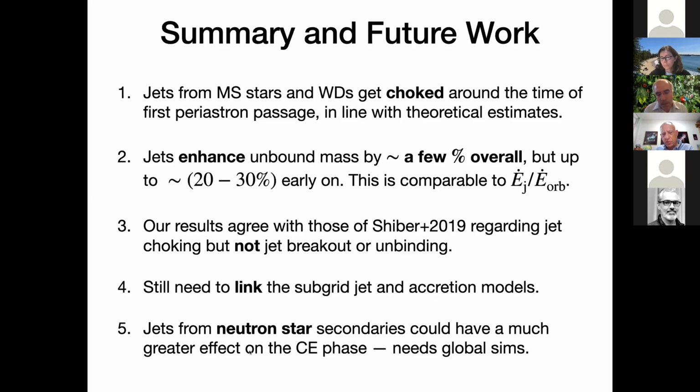So it can have a huge effect. And our estimates suggest that it may not even get choked in some cases. Even if it does get choked, it's depositing energy at a faster rate than the orbital energy. And so it can be very interesting.